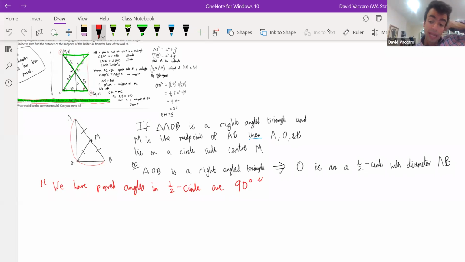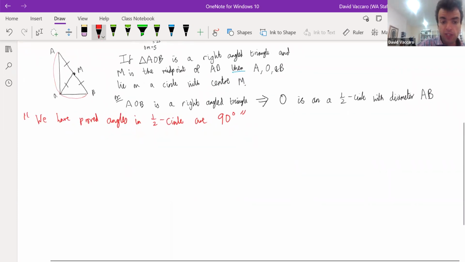What is wrong with the claim of saying that we have proved that angles in a semicircle are 90 degrees? So this is a circle theorem.